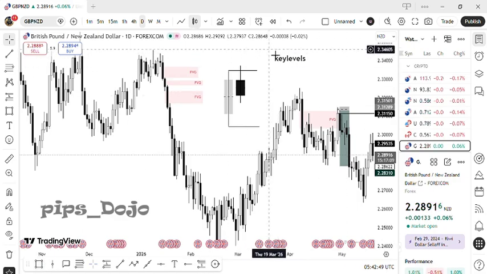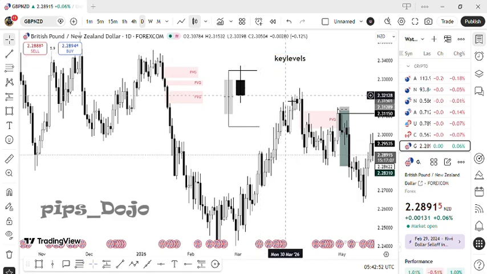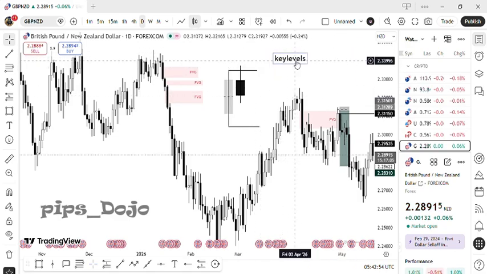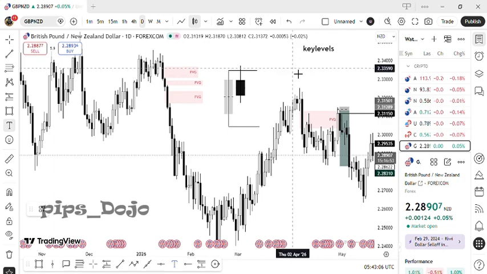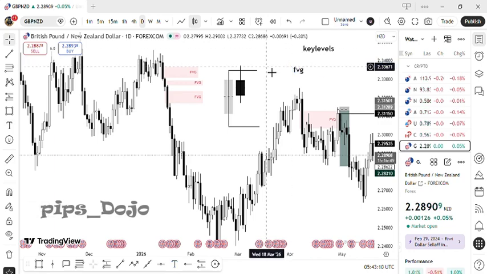Your key levels, you can derive from your studies the best key level that you think price displays best from. But right here, one of the key levels you can use is the imbalance, the fair value gap. The key level I'll be working with in this video is the fair value gap.